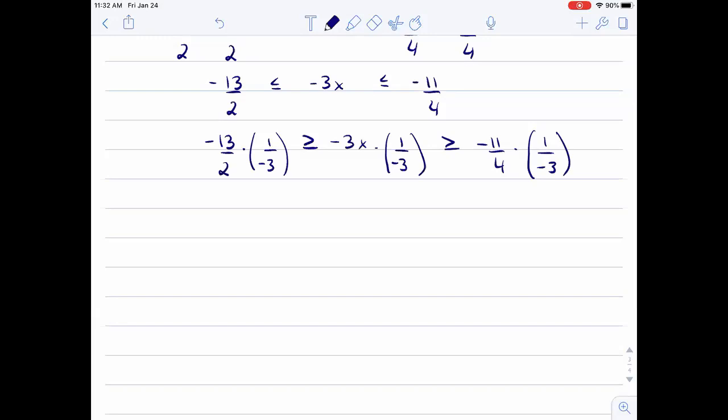You can always check: as long as you're doing it to the middle thing and it's getting rid of what you want and how you want it, then you're allowed to do that, and that's what you should be doing. So that's why it's nice to see what it looks like in the middle as you're solving for x. Because now this negative 3 and this negative 3 would cancel.